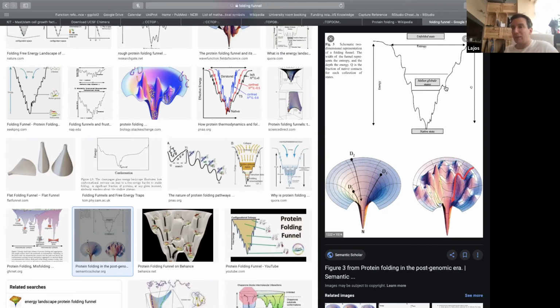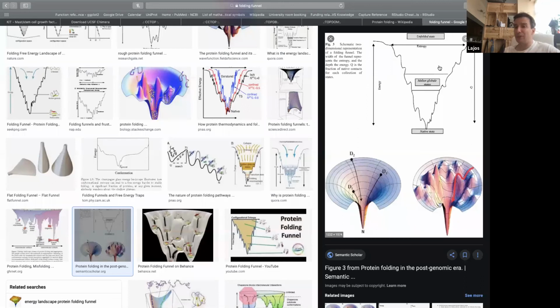That's why cells actually need chaperone proteins. The chaperones usually help during the folding as well, and help the proteins to achieve their final folding state.